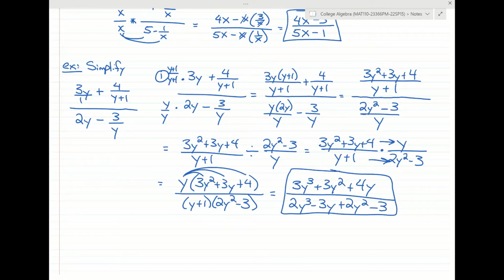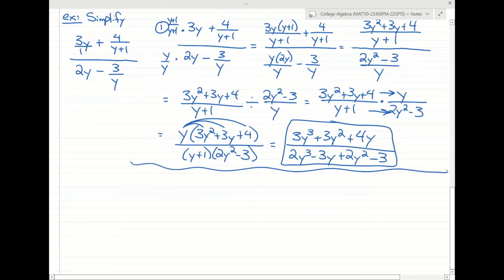That's using the first technique. Let me show you the second technique. The second technique is going to be a little shorter. If we had 3y plus 4 over y plus 1, and we're dividing that by 2y minus 3 over y, we need to figure out the least common denominator for the top and the bottom.